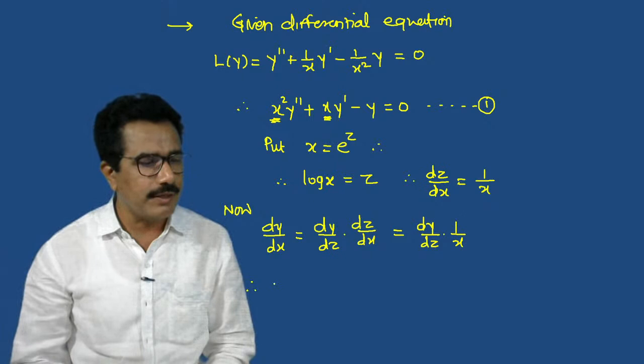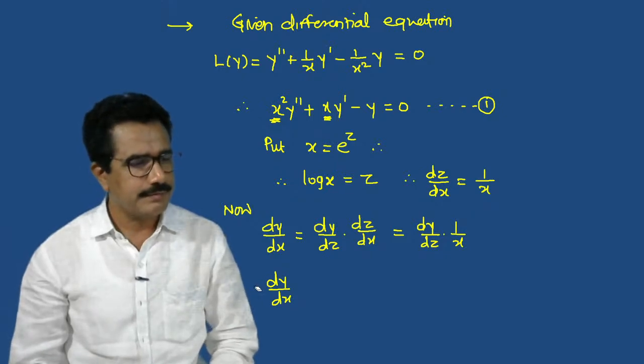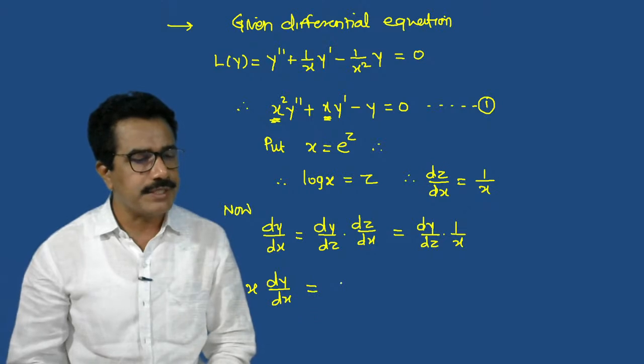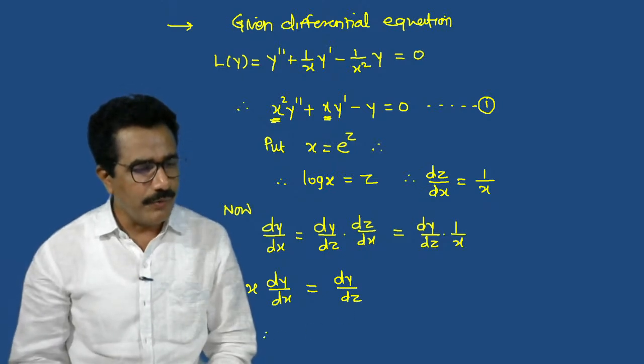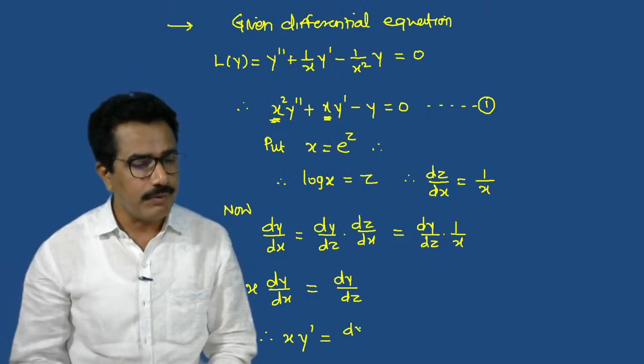So x into dy by dx is equal to dy by dz. So we can write x into y dash equals dy by dz.